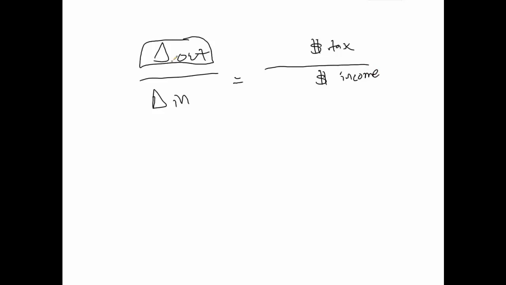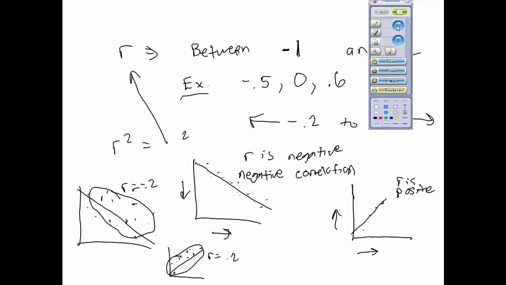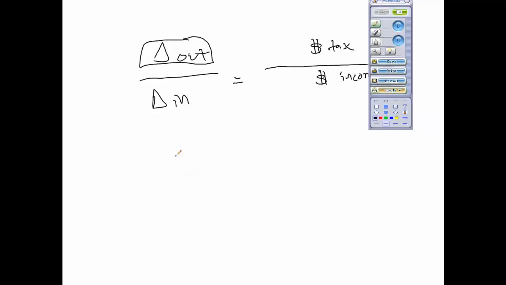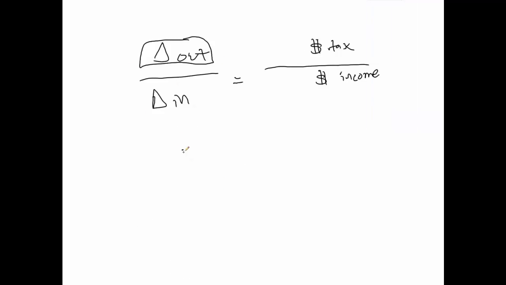In this case, the rate of change, the final answer, is 188.2. So our change in output divided by change in input, when the calculator goes through this process, it finds $188.2 of taxes per dollar of income.